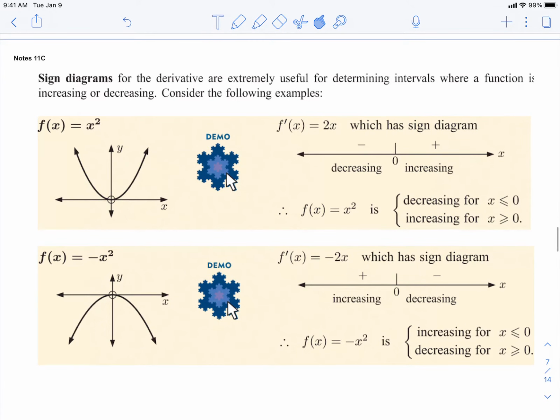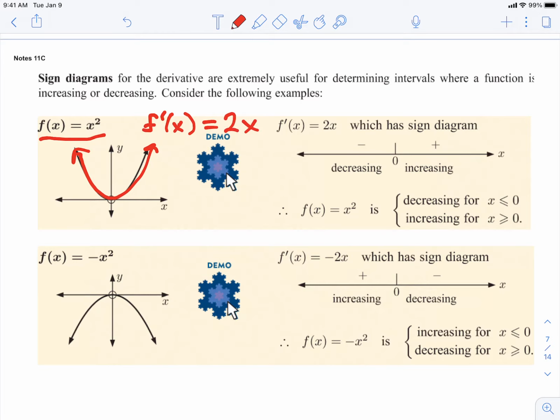So here are some examples of sine diagrams. The first example is a quadratic function. Here is the shape of that graph. We find the derivative using our power rule, so we're going to bring down the 2.